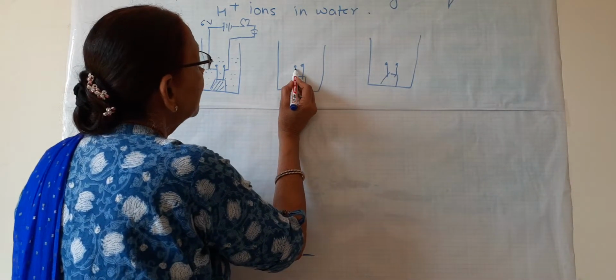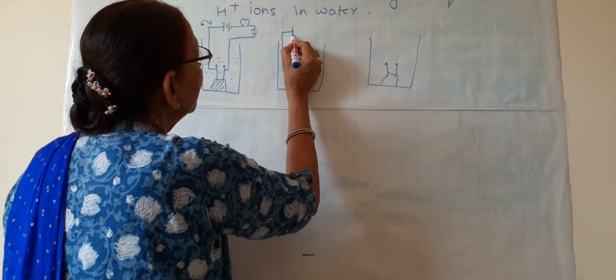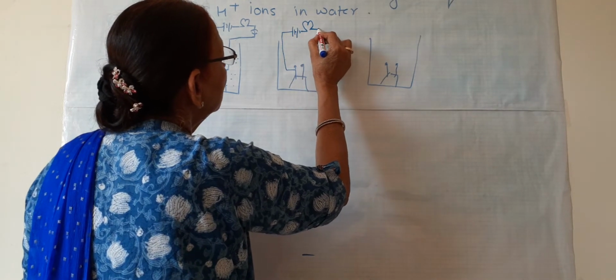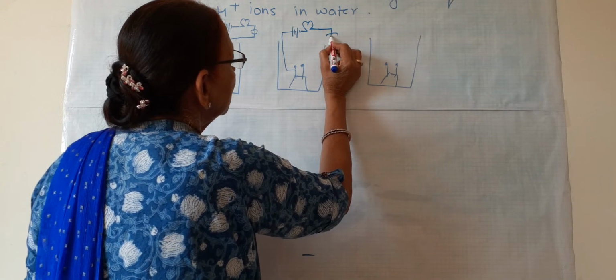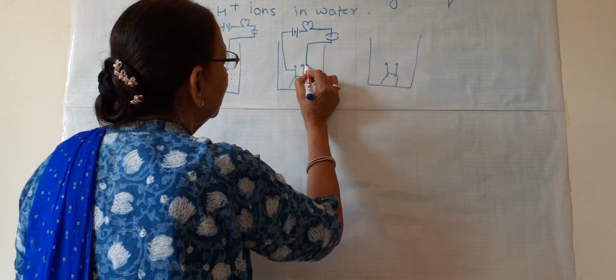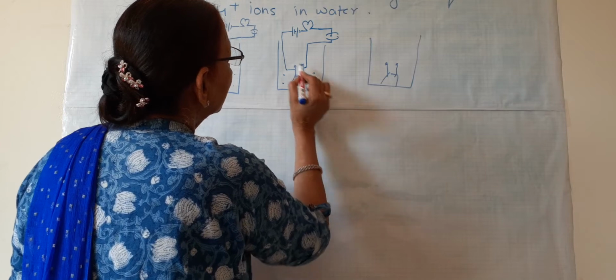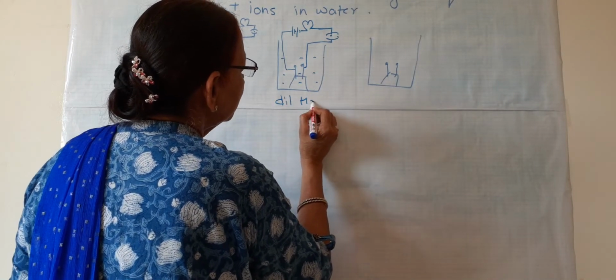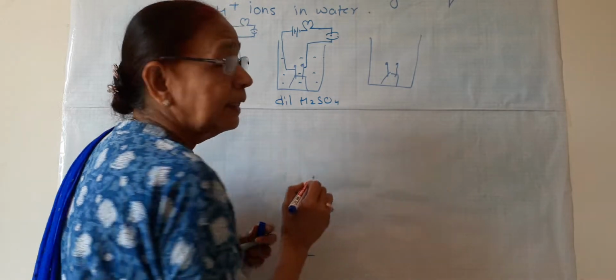Likewise, in the second also, I will make the cell quickly, with the bulb. Again the second electrolytic cell is prepared and we put dilute sulfuric acid in this.